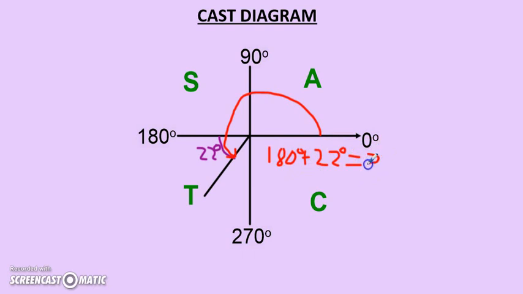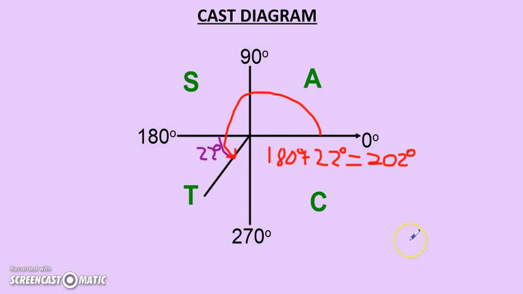So that's really an angle of 202 degrees. And it's telling me then that if I were to get my calculator out and do tan of 202 degrees, the answer would be positive, because it's in the tan section. But if I were to do sine or cos of 202, they'd both be negative. Only the tan would be positive.